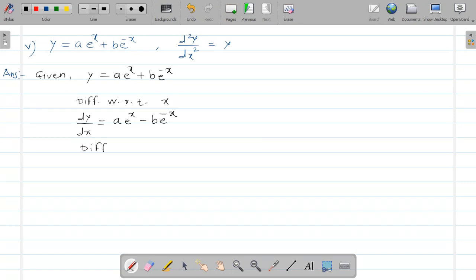We get the second order derivative, that is d square y upon dx square. Again take the derivative of a into e raised to x: a as it is, derivative of e raised to x is e raised to x, then minus b as it is, derivative of e raised to minus x is again minus e raised to minus x, so minus minus becomes plus, and we get b into e raised to minus x.